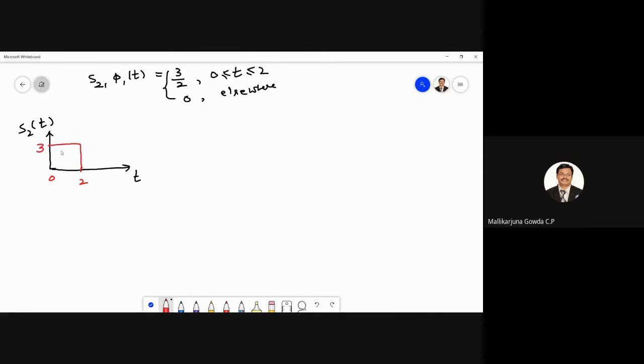And then what is the value of S21 pi 1 of t we got?